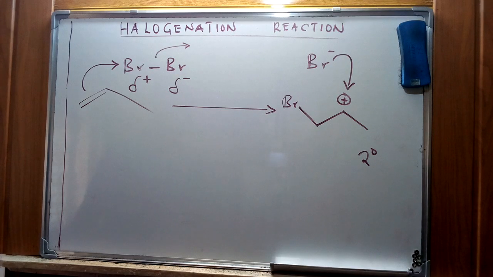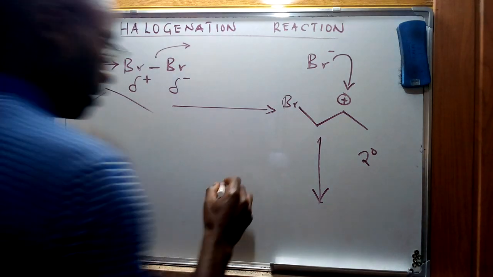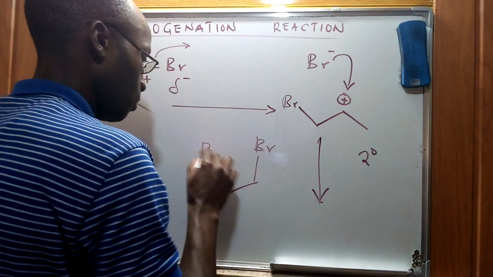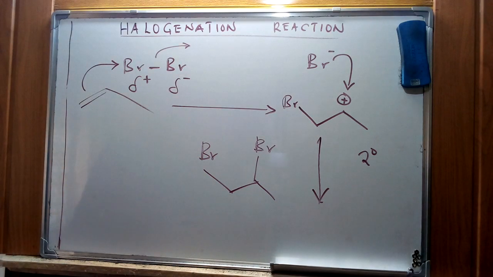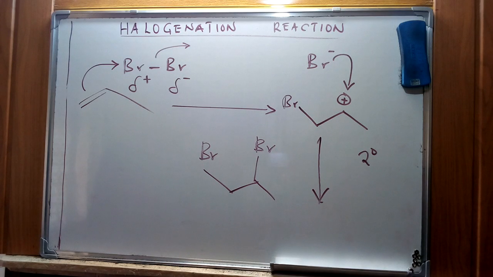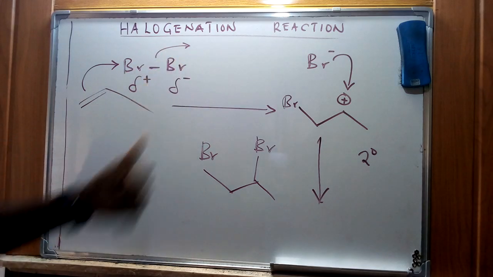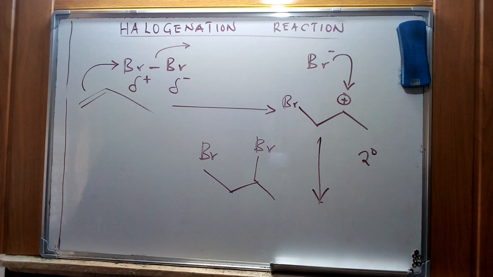This is going to lead to the formation of a final product, whereby we are going to have a dibromide with those two bromine atoms attached at those specific points. So this is going to form the final product of the electrophilic halogenation process, this simple reaction of electrophilic addition.